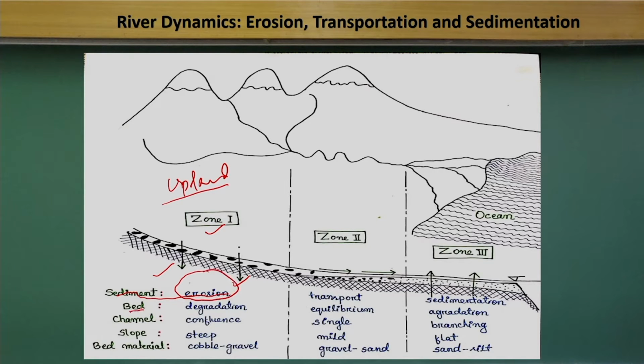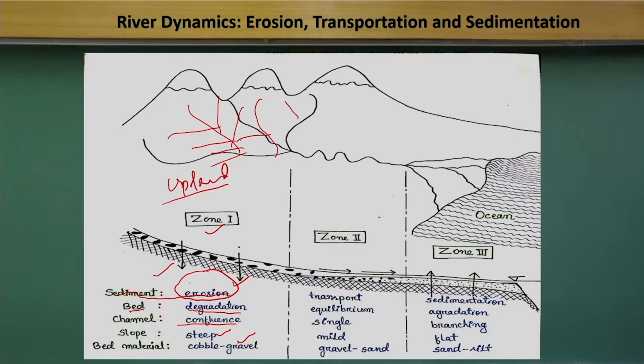The river bed conditions will be degradation. That means more deepening of channels will happen. The channels will have more confluence zones, where many tributaries are joining each other. So you can see many confluence zones when you look at this upland hilly area. From the hill slopes originate the water and sediment flow. The slope is steep, and most of the bed materials in the river will be gravel or cobbles.